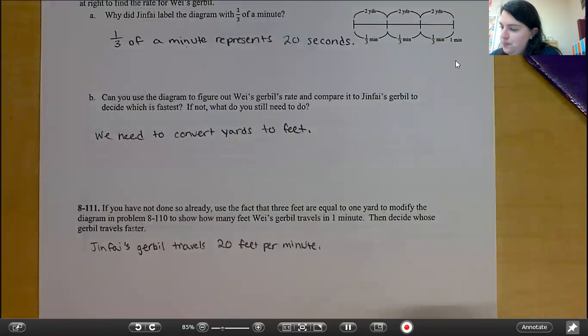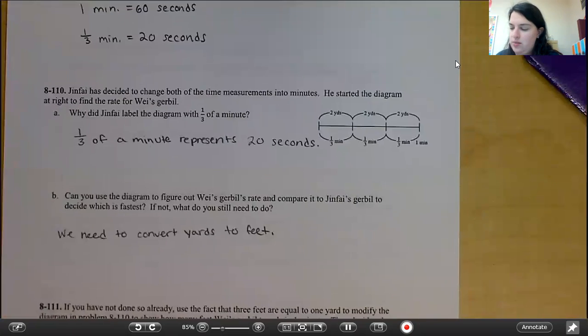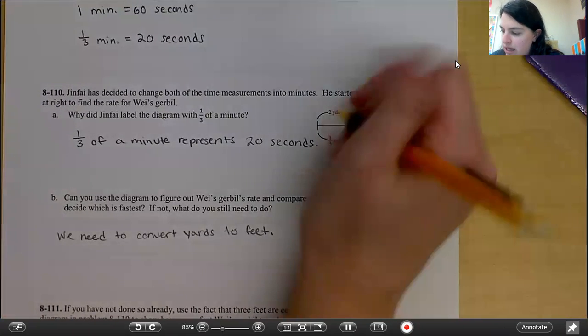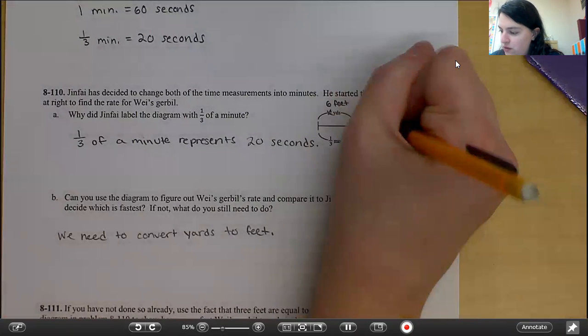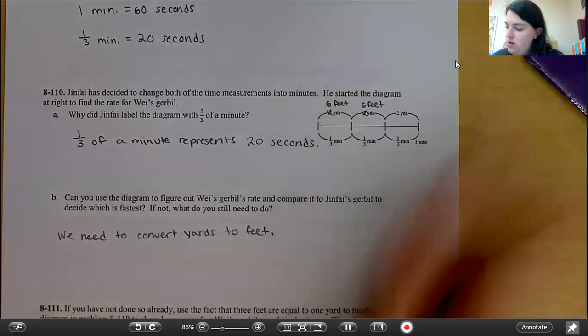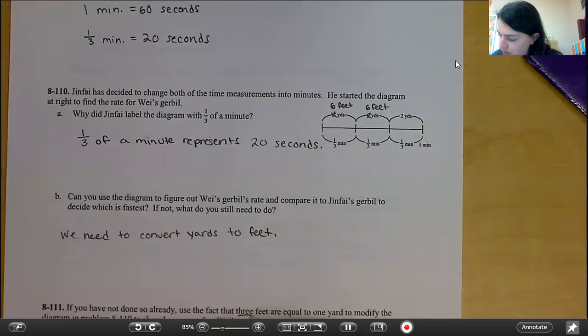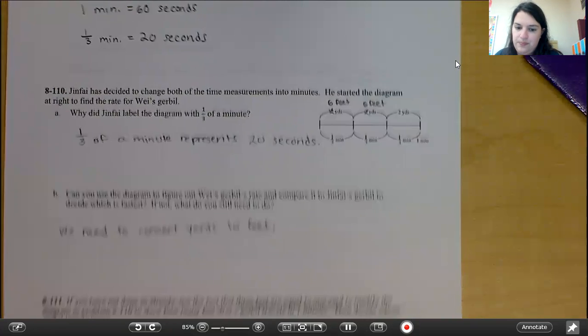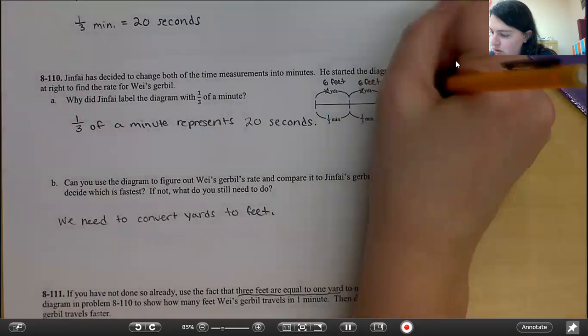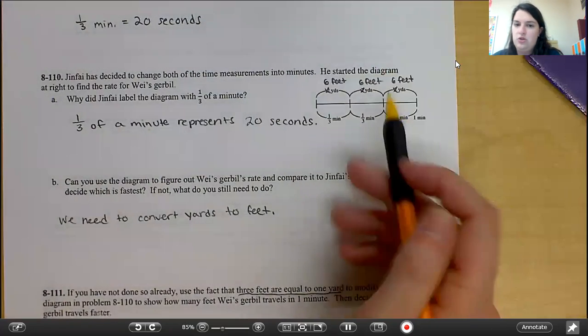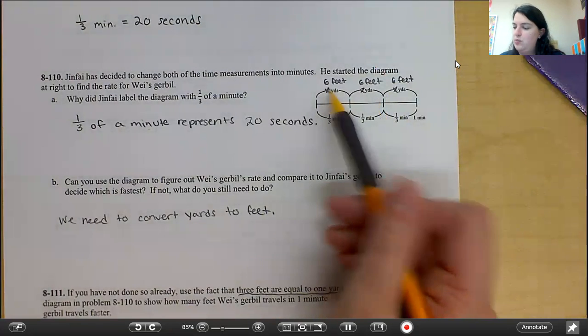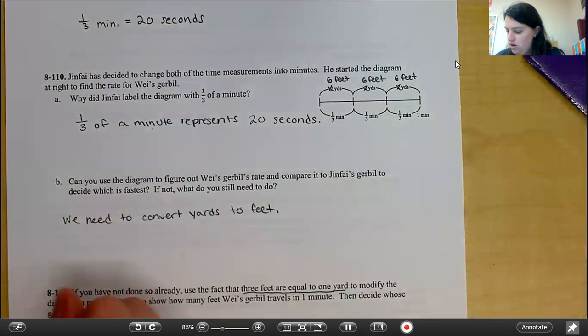So let's go back up to our diagram to help us. 2 yards is actually 6 feet. So if we're converting this, because we know from down here that 3 feet are equal to 1 yard, I'm changing all these into feet. So now we just have to add them together. 6 plus 6 plus 6 is 18.